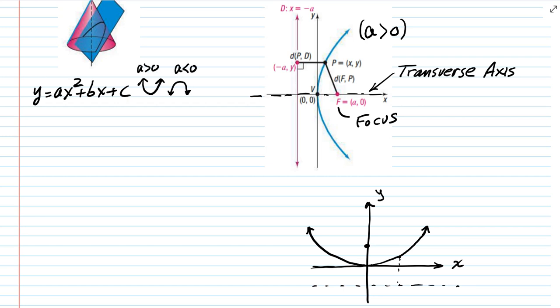Again, we've done this way back when we talked about polynomial functions. Also, for the ones that are horizontal, we have this form of a parabola. For these, the parabola either opens to the right or opens to the left. If a is positive, it opens to the right. If a is negative, it opens to the left. Okay, so we have those already.